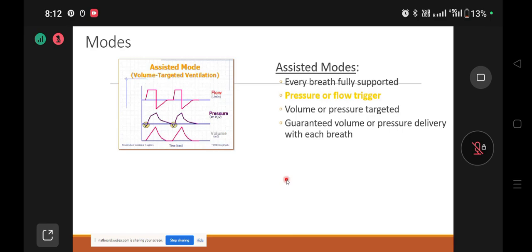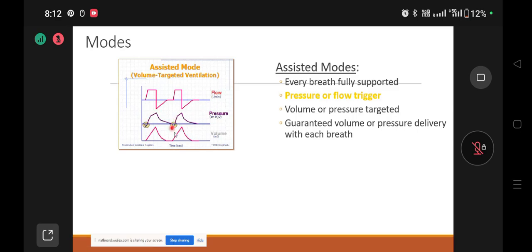But there is another mode which we talked about, assisted mode, where every breath is supported by the ventilator. Again, it could be pressure or flow triggered, and if you can see from here, there is a negative deflection over here. So what do you mean by negative deflection? This is the deflection when a patient takes a breath which is detected by the ventilator, and as soon as it is detected, the ventilator will give its breath.